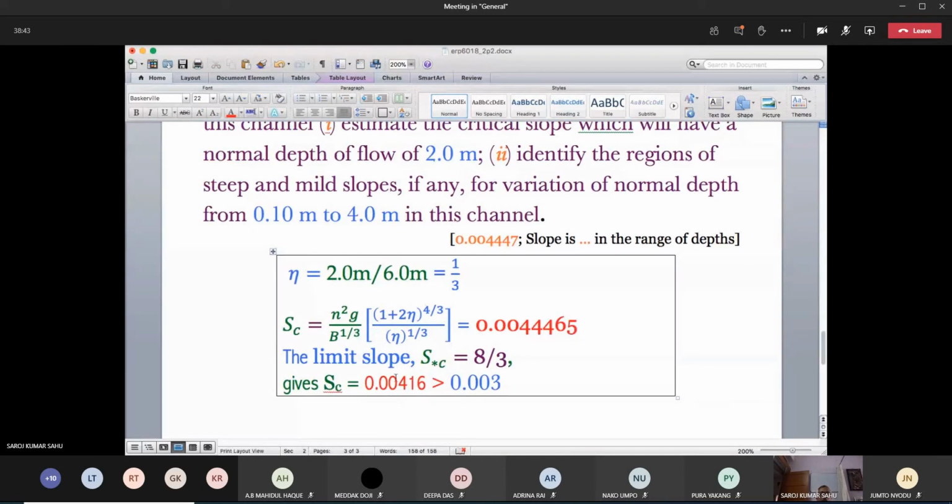So this value is greater than 0.003: the limit slope of 8 by 3 into b to the power 1 by 3 divided by g n square gives you 0.00416. Okay, that is greater than 0.003. Fine.